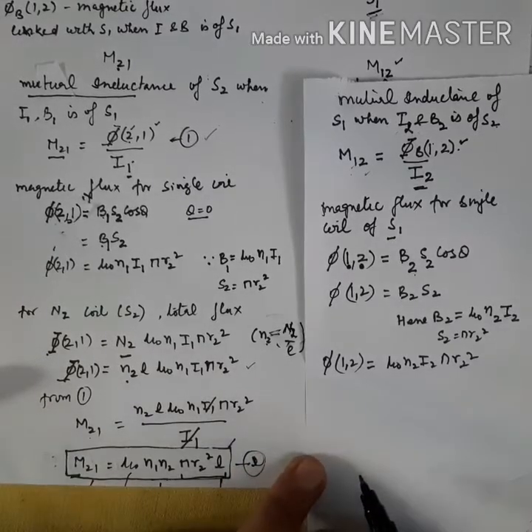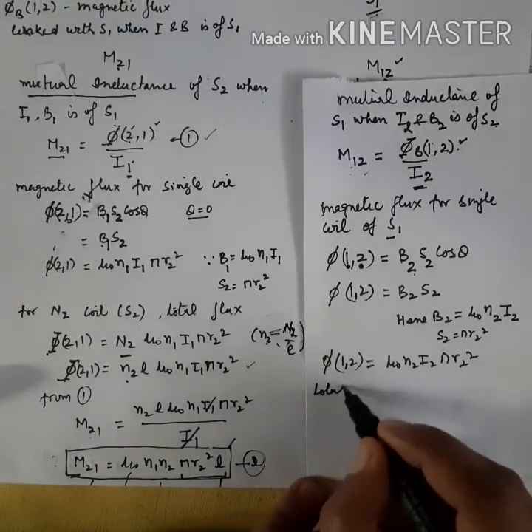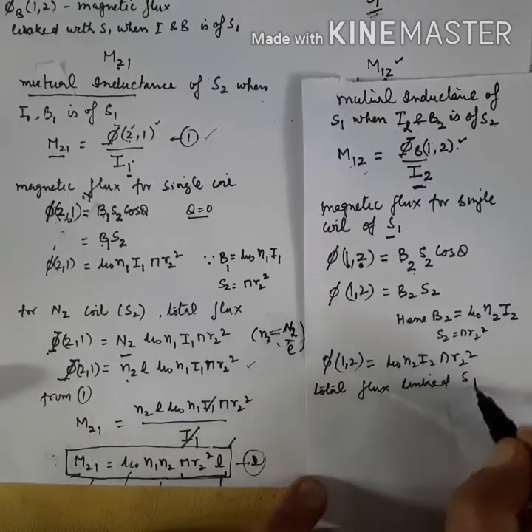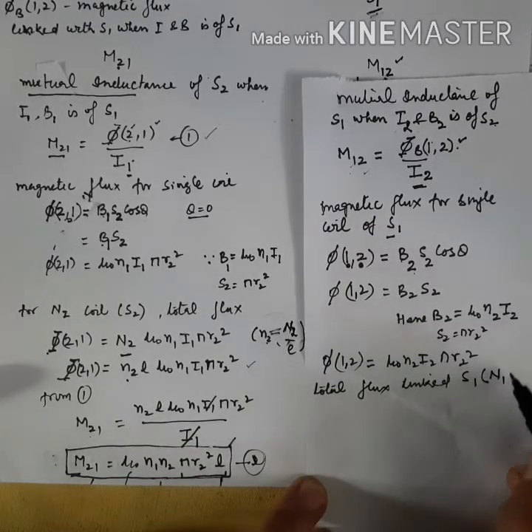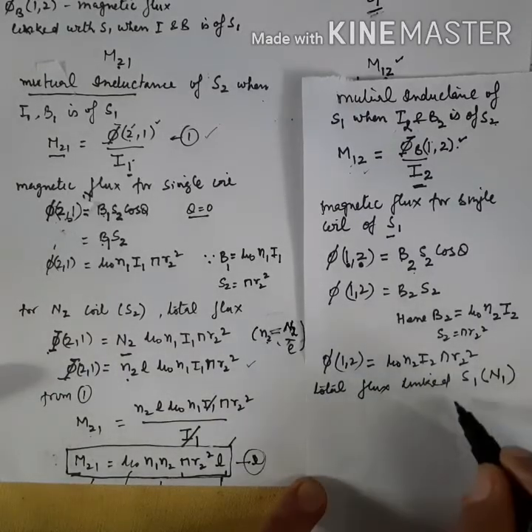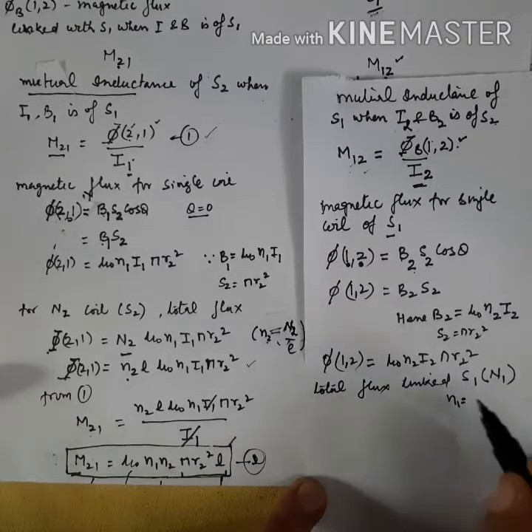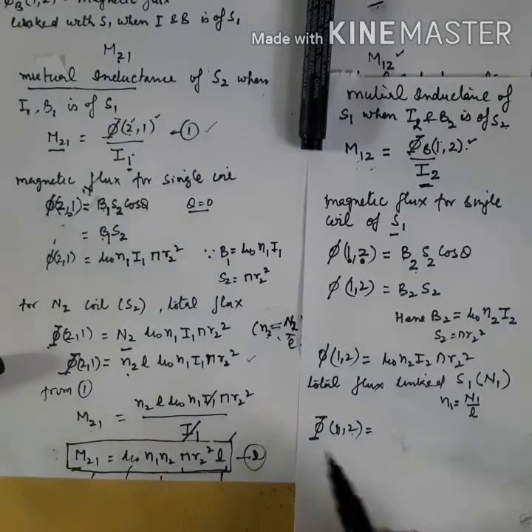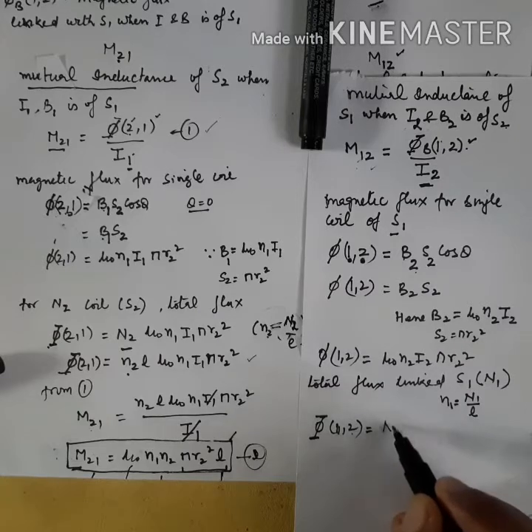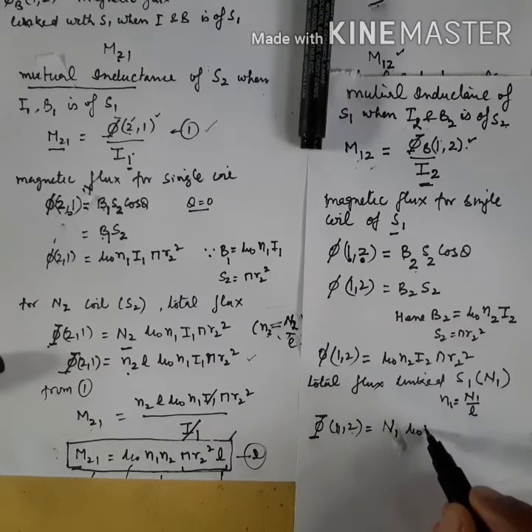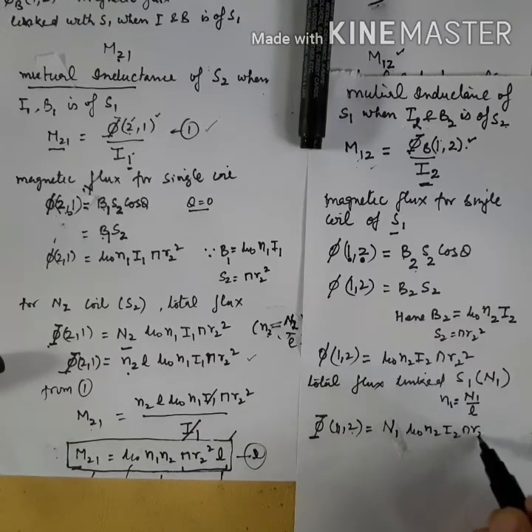Now I want to calculate the total amount of flux. The total flux linked with the S1 solenoid: since the total number of turns in solenoid S1 is N1, if you write N1 in terms of number of turns per unit length, it is the total number of turns divided by L. So the total flux linked with the first one with respect to the second is equal to the total number of turns, N1, times the flux linked in a single coil, mu naught N2 I2 pi R2 square.